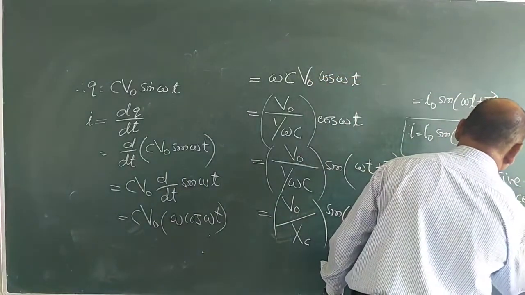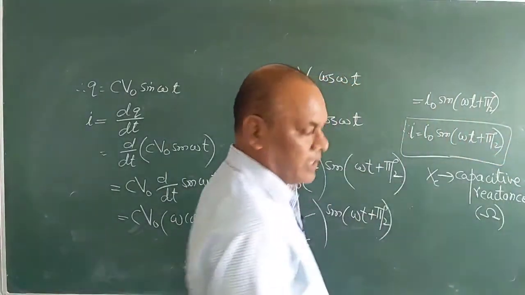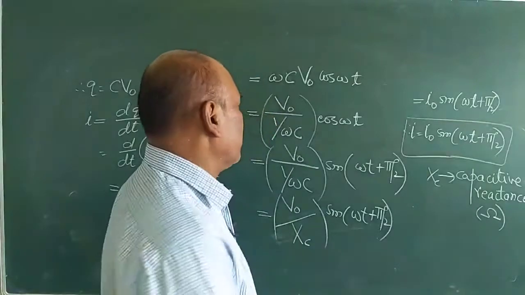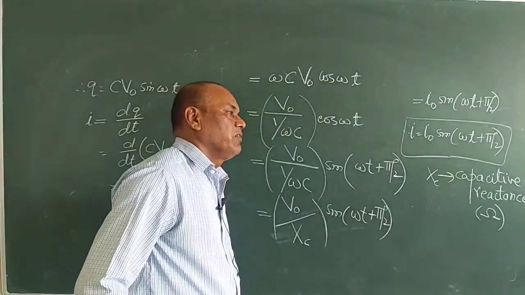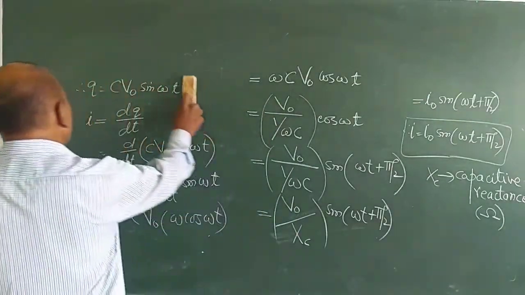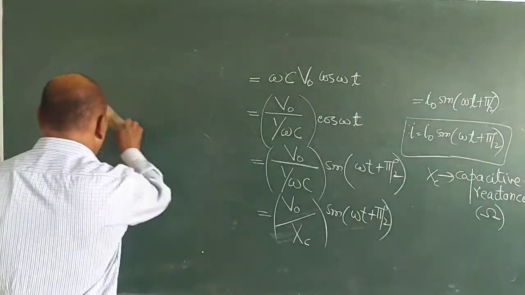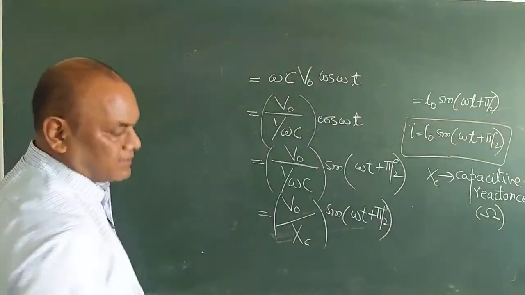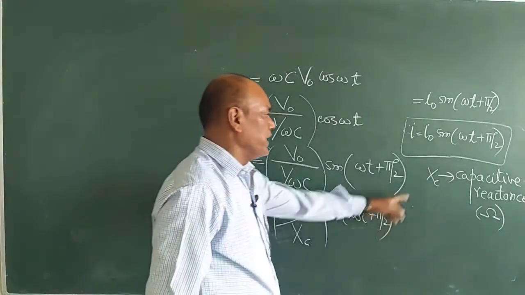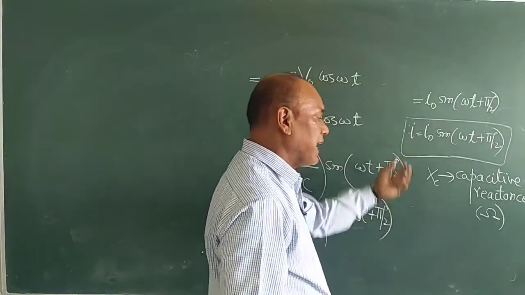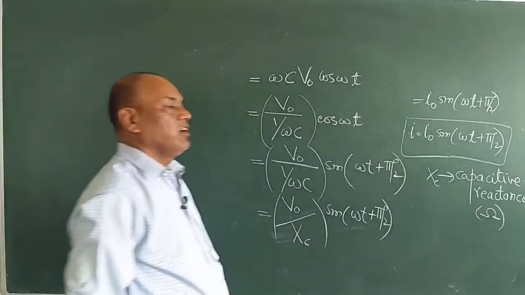Its unit is also ohm because it acts as resistance in the case of a capacitor connected to alternating current. So its unit is the same as the unit of resistance. So XC behaves as resistance in the case of capacitance.